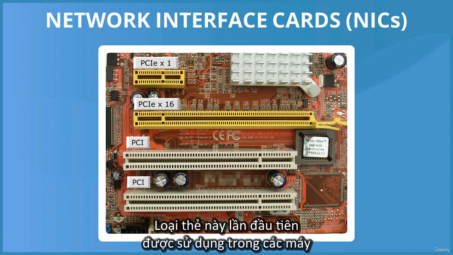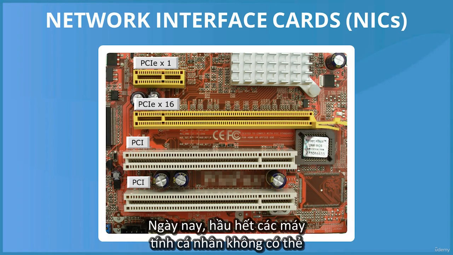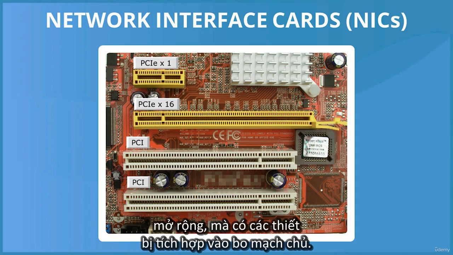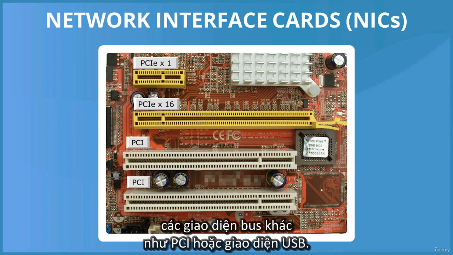This type of NIC was first used in servers and later gradually applied to PCs. Today most PCs don't have expansion cards, but rather devices integrated into the motherboard. As a result, PCI network cards have been replaced by other bus interfaces like PCI-X or USB interfaces.